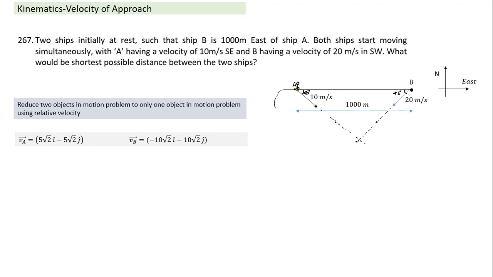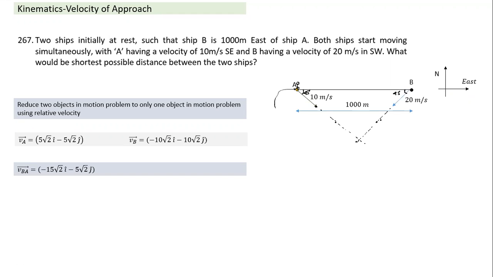Similarly, I find the VB vector also. This is 20 cos 45, which will be minus 10 root 2 i cap, and the j cap also negative, because southwest is pointing in this direction, so both components are negative.